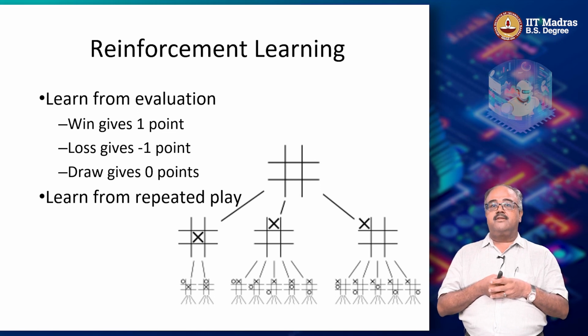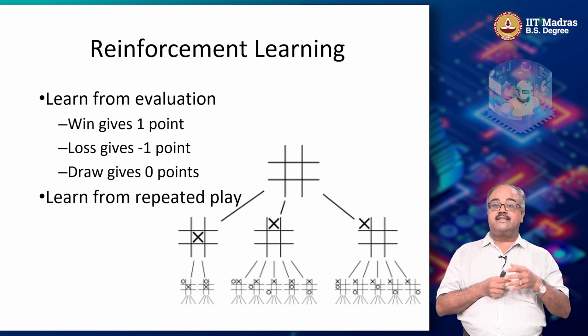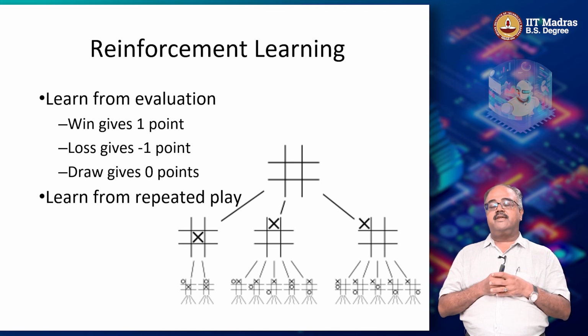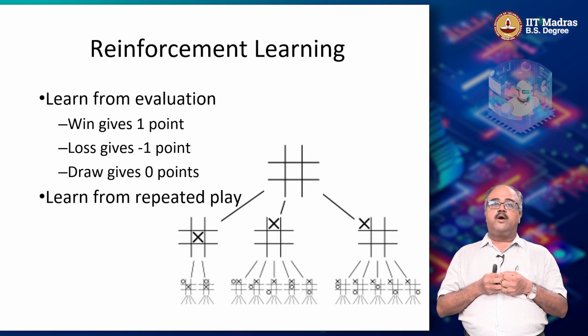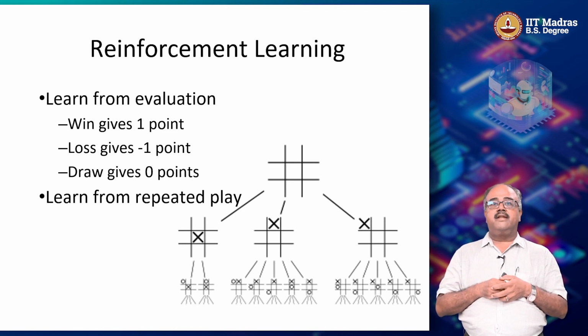The agent is not even told that in the classical reinforcement learning setting. You keep playing until you come to a point where somebody declares that you have won and gives you a +1, or declares that you have lost and gives you a -1, and so on and so forth. So that's essentially what you do.